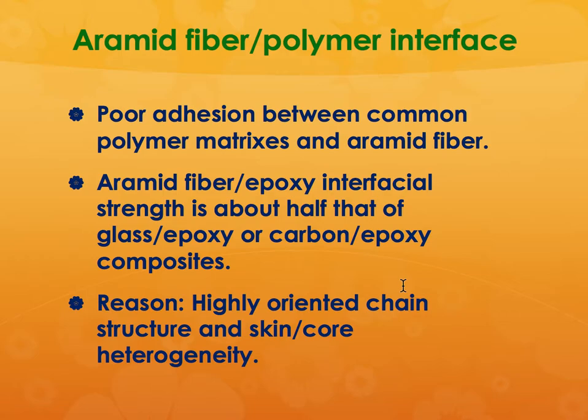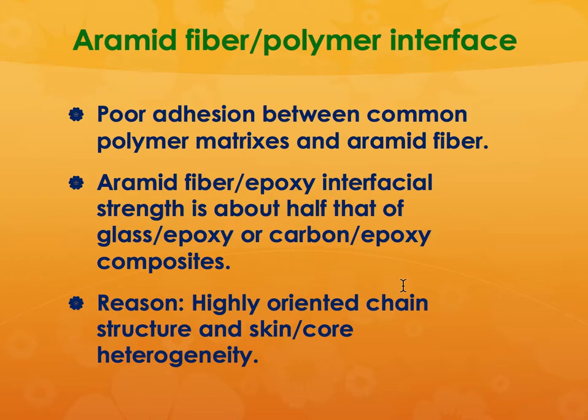Now, many times what you will find is that the fiber polymer interface is not a very strong bond. In the case of aramid fibers and polymer interfaces, the fibers are extremely smooth, and they do not have many bonding points with the matrix itself.